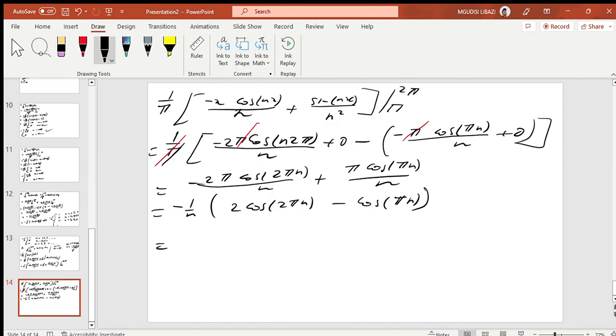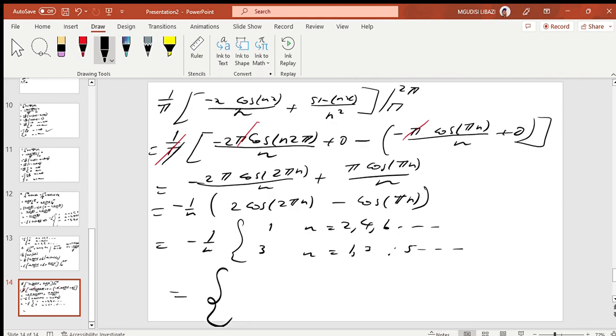So substituting there, we get 1 over n into, we're going to get 1, and then we're going to get 3. So we actually get 1 when n is equal to 2, 4, 6, etc., and then we get 3 when n is equal to 1, 3, and 5, etc. That means simplifying that, we get negative 1 over n and negative 3 over n.